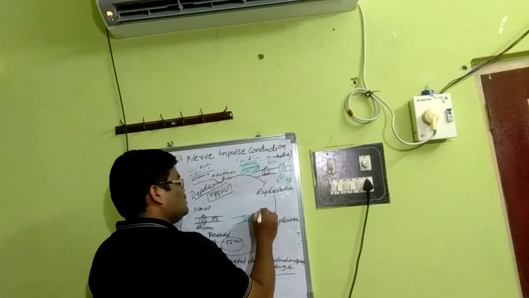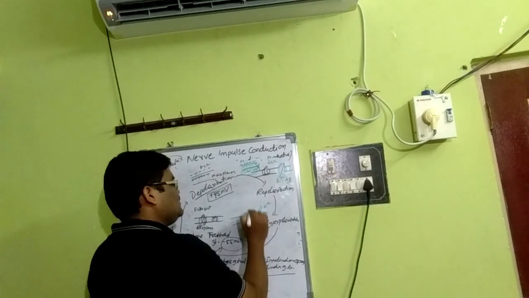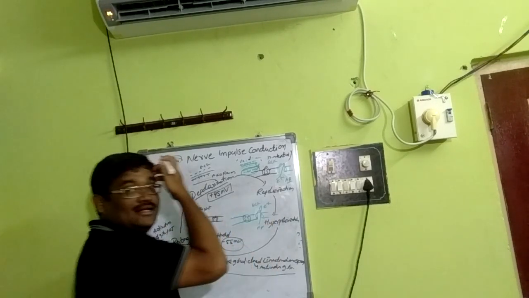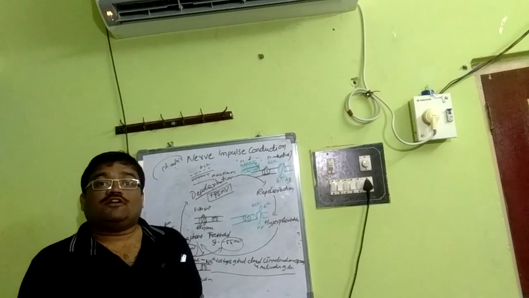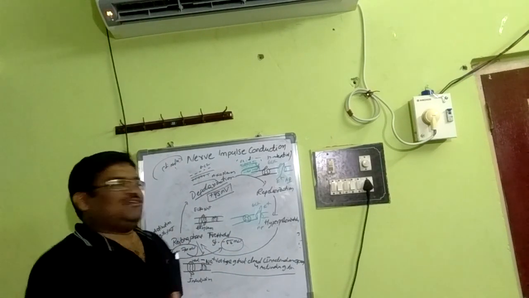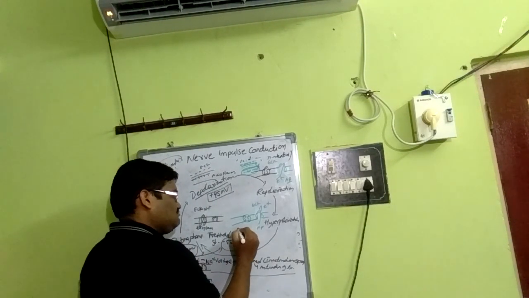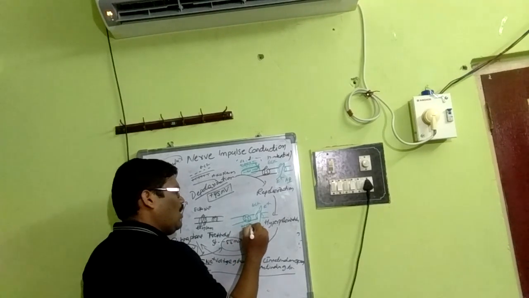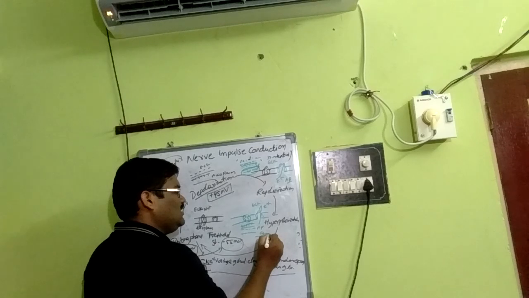What happens? Still more potassium ions go outside from the exoplasm. That leads to the establishment of hyperpolarization, what we call minus 90 millivolts, more negative when compared to the ordinary resting state. That means minus 90 millivolts.